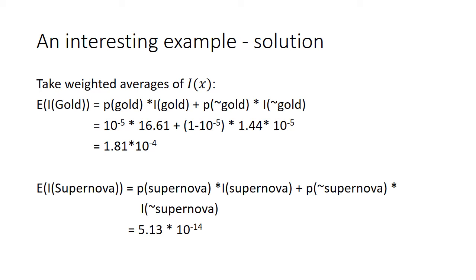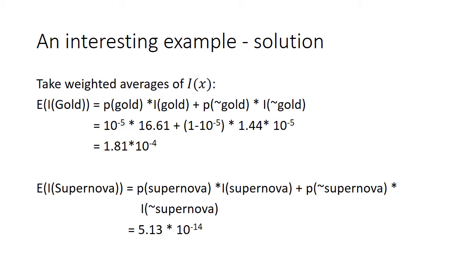So what it shows is that the expected value of random variable gold is higher than the expected value of random variable supernova, even though the information of supernova with a small s is higher than the information of gold with a small g, right? We know that a supernova happening conveys much more information than India winning a gold medal.